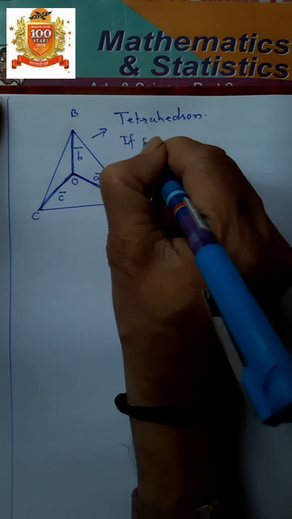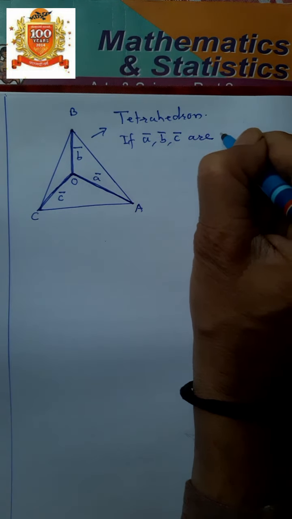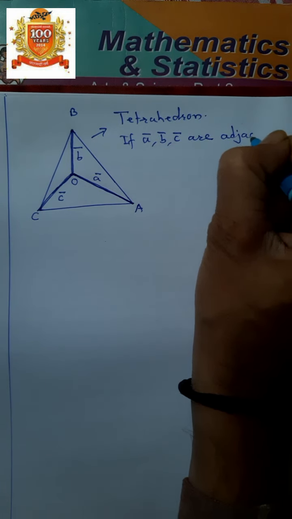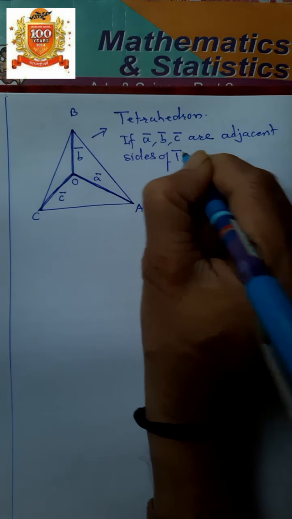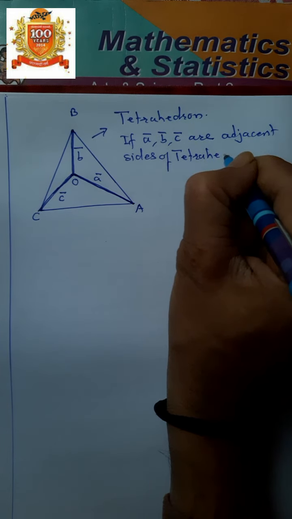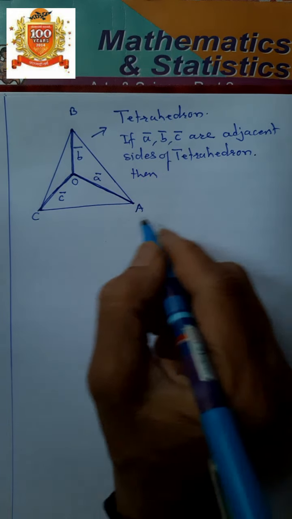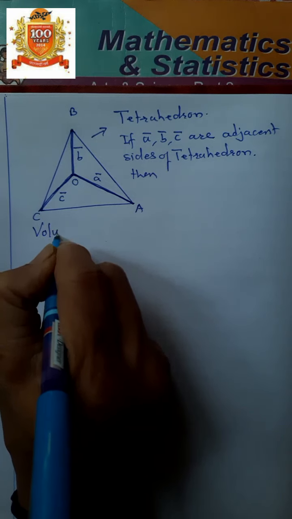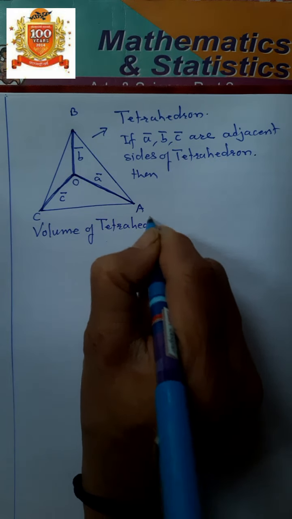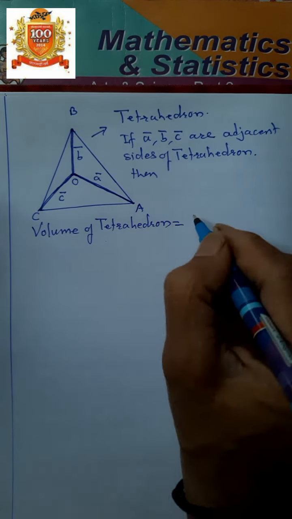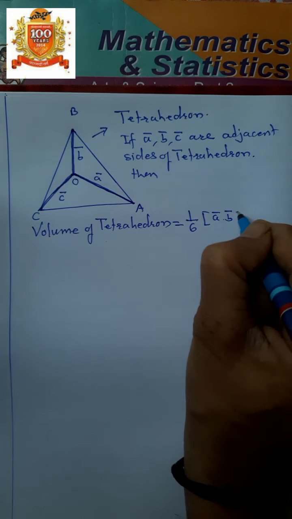If A bar, B bar, C bar are adjacent sides of tetrahedron, then volume of tetrahedron is given by 1/6 box product of A bar, B bar, C bar.